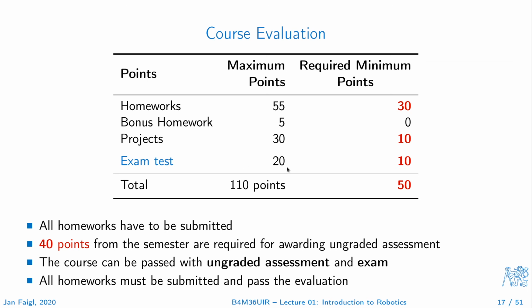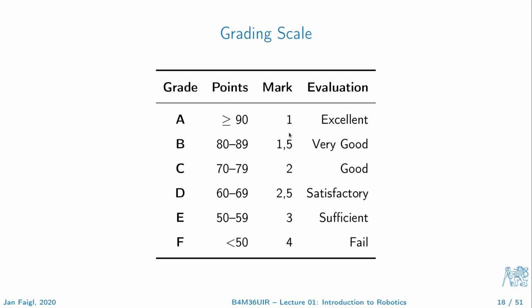And for the exam you can achieve 20, but you need 10. So in the sum you need 50, which is the E. So it's not super nice, but you can eventually pass. Okay. Is the grading sufficient? Please aim for excellent.